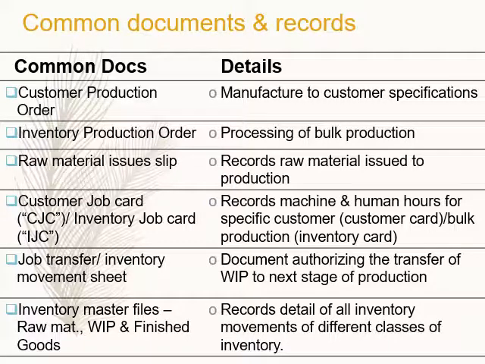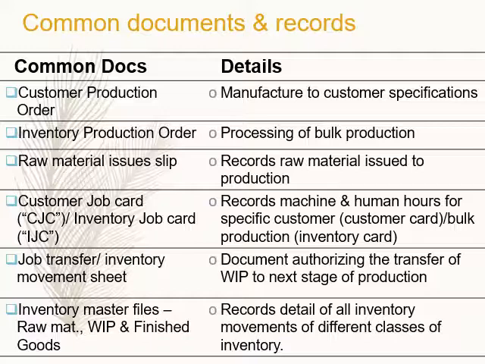Within the production and inventory cycle, there are certain documents and records that are commonly used. On the slide, you see the name of the document and also the details of what is entailed in each document. I'm not going to go through each and every one of them, but they are here for you to refer back to.